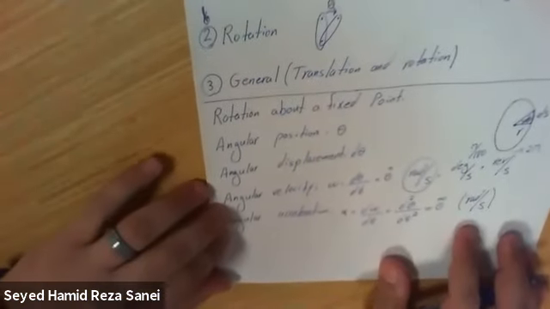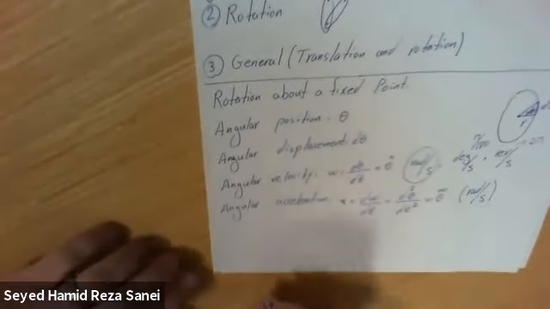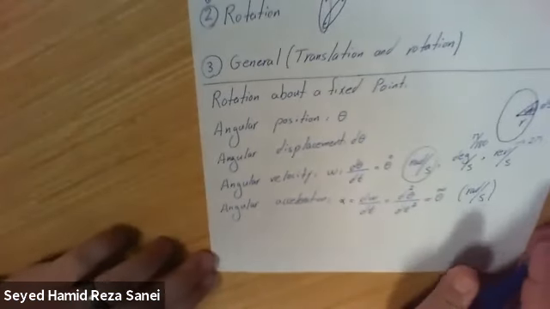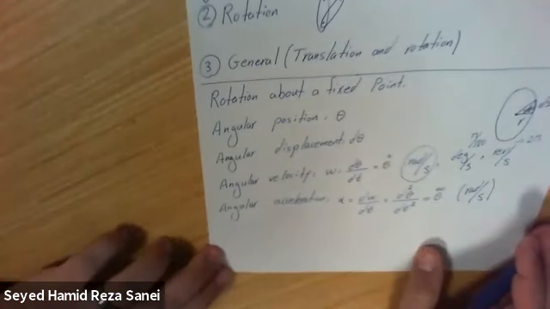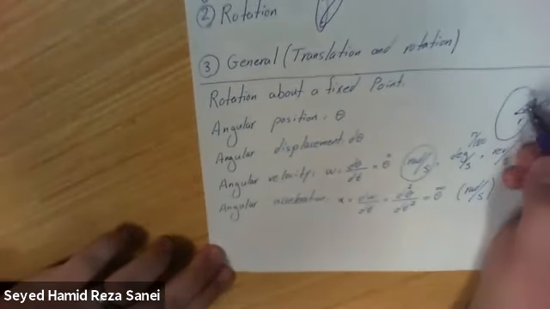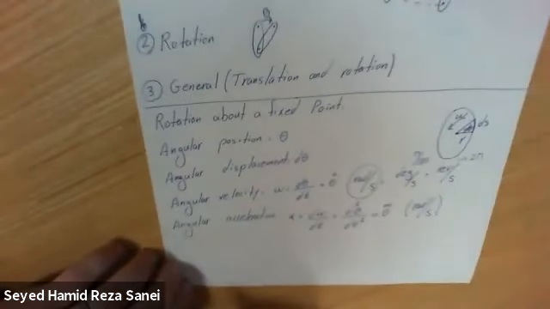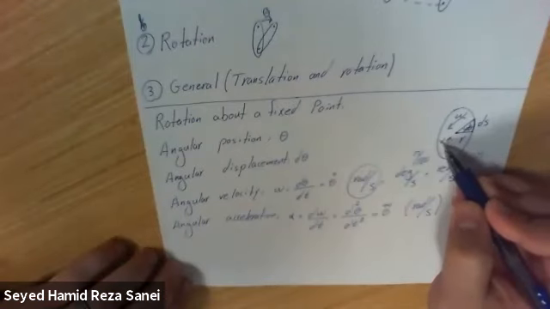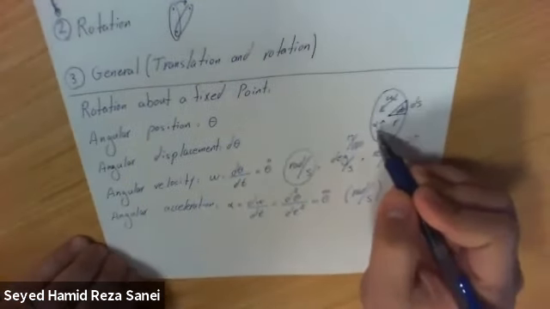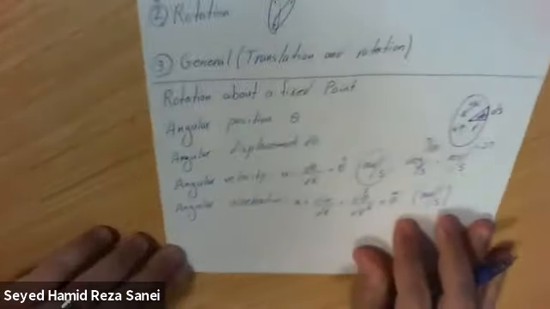So like acceleration, we can define deceleration if alpha is in the opposite direction of omega. If our omega is in this direction here, and our alpha is in the opposite direction, that alpha we can refer to as deceleration.